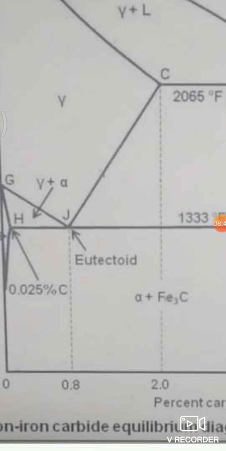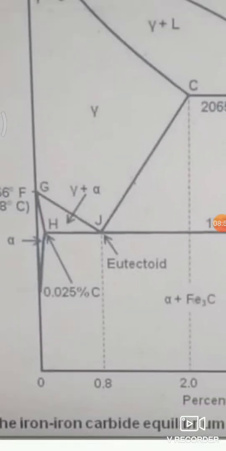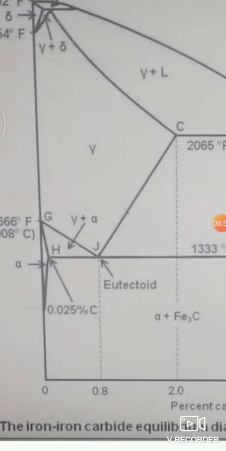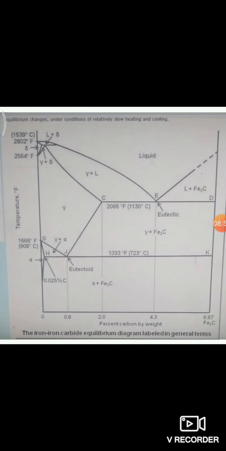So that is another point called the eutectoid point or eutectoid reaction. This eutectoid reaction is given by this J point on this iron carbon equilibrium diagram. So similarly, left of the diagram is hypoeutectoid and right of the diagram it is hypereutectoid.